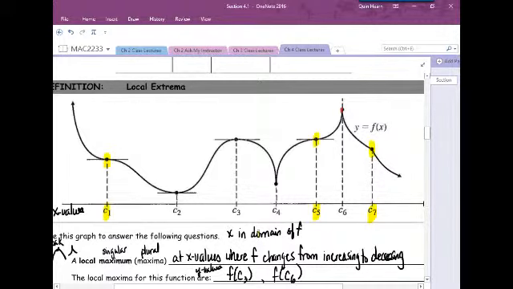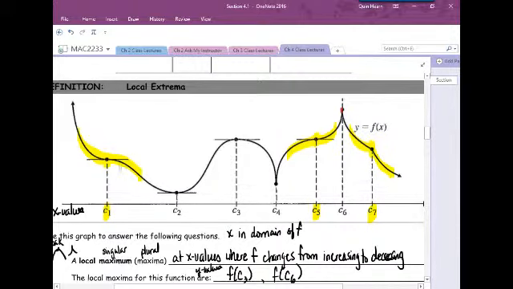What stands out to me is that at each one of these points, the graph was decreasing up until that point and then decreasing again, or increasing up until that point and then increasing again. Same thing over here, decreasing and then decreasing again.